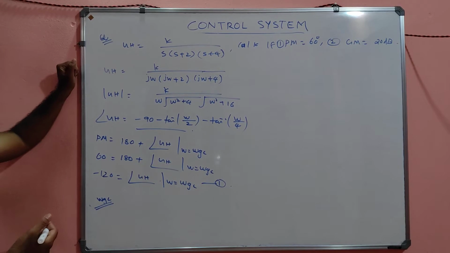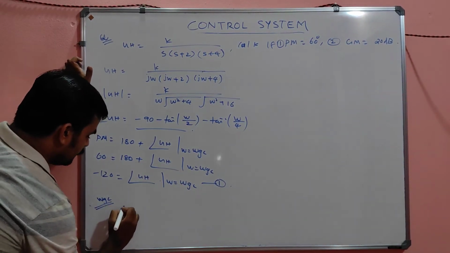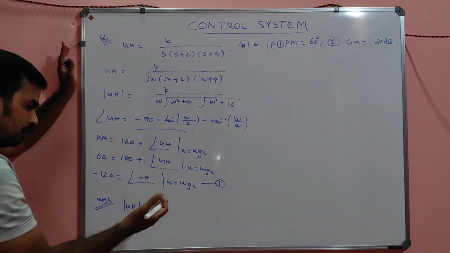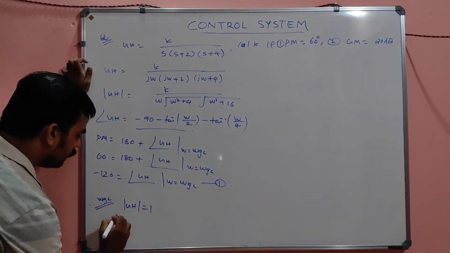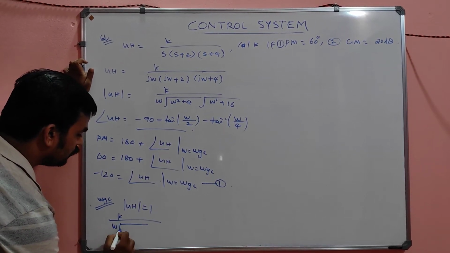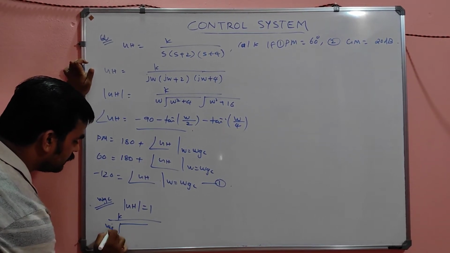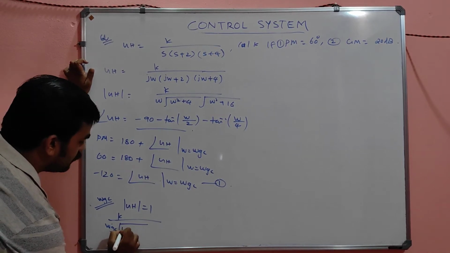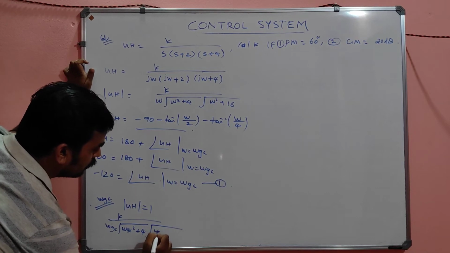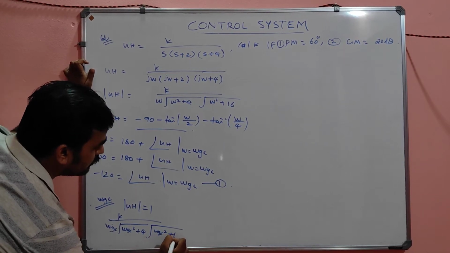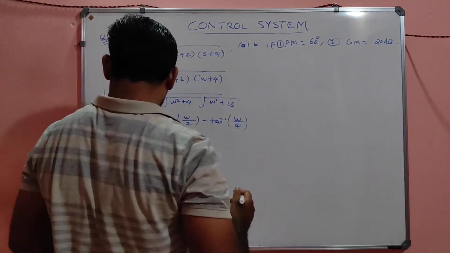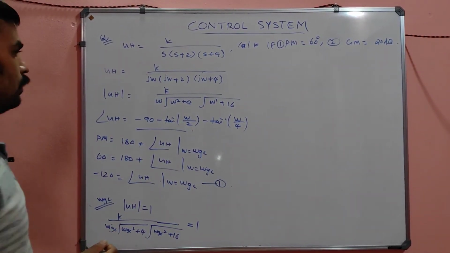Gain crossover frequency. What is gain crossover frequency? It is the frequency at which the magnitude of GH equals 1. So magnitude of GH equal to 1 is nothing but K divided by omega GC root of omega GC square plus 4 root of omega GC square plus 16 equal to 1.